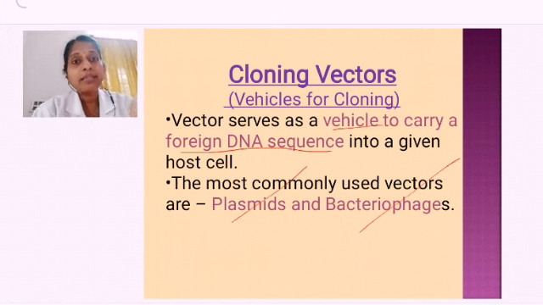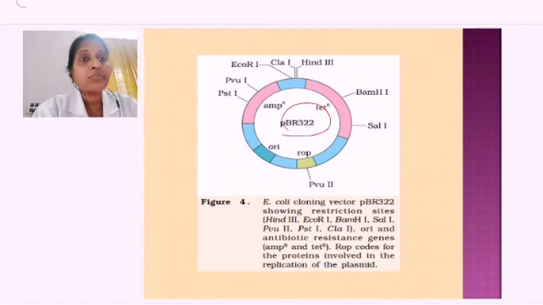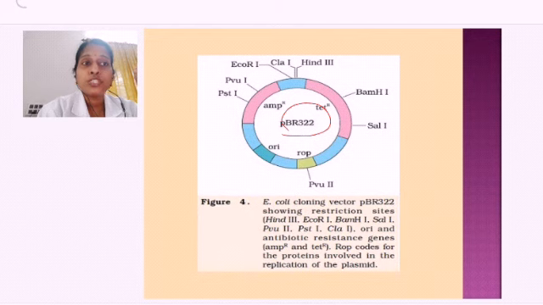The bacteriophage, right? Now, this is an example which is given in your text of a vector. What is the vector here? It is a plasmid. This is a vector, and the name of the vector is PBR322. Okay, so it is present in E. coli. E. coli, you know, isn't it?